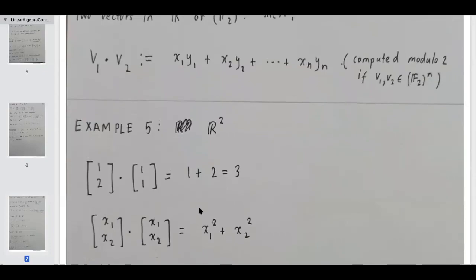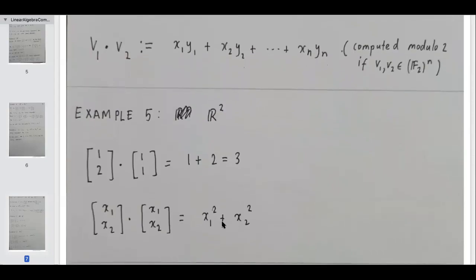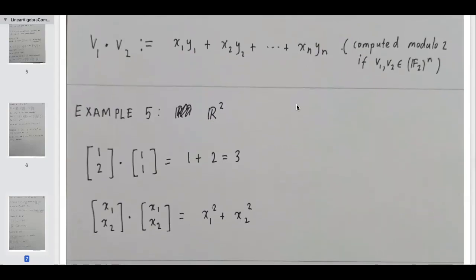And in fact, the dot product in R2 can be thought of geometrically, as you may have noticed that x1 squared plus x2 squared is actually the square of the length of the arrow we visualized corresponding to the vector (x1, x2). So you can understand what this dot product means, but that's not important for us today.